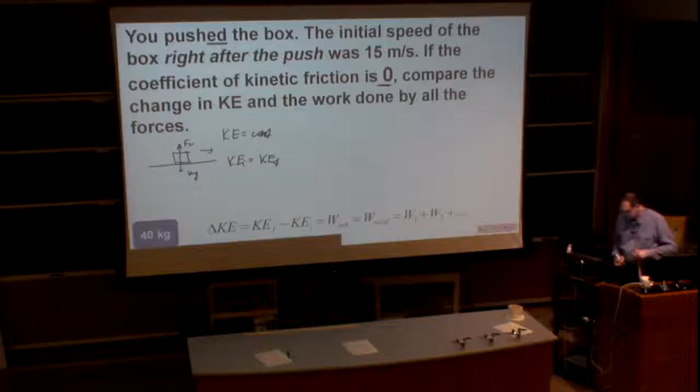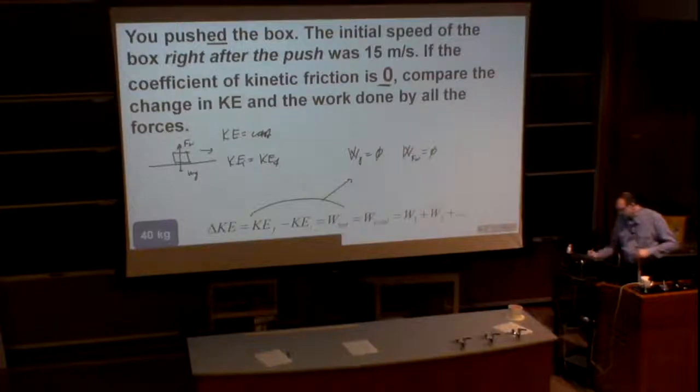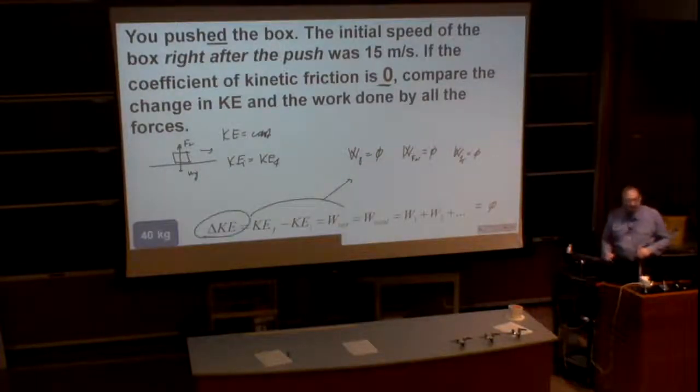Well, but the Work-Kinetic Energy Theorem immediately gives exactly the same result, because as we know, because we just did it, gravity doesn't do any work, normal force doesn't do any work, and if there is no friction, friction doesn't do any work because it doesn't exist. So in this situation, net work done by all forces has to be equal to zero. And if net work is zero, there is no change. If there is no change, it means the variable remains constant.